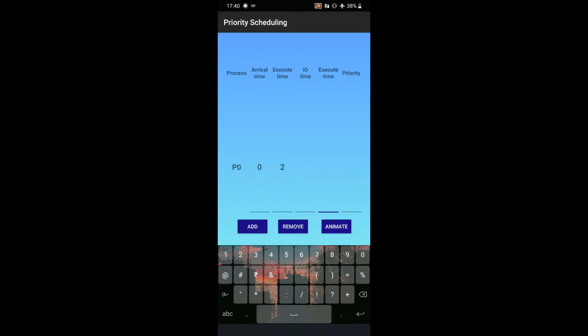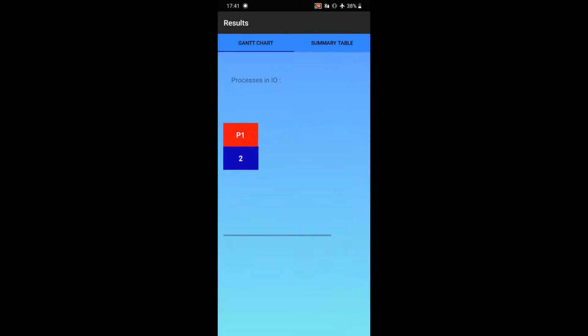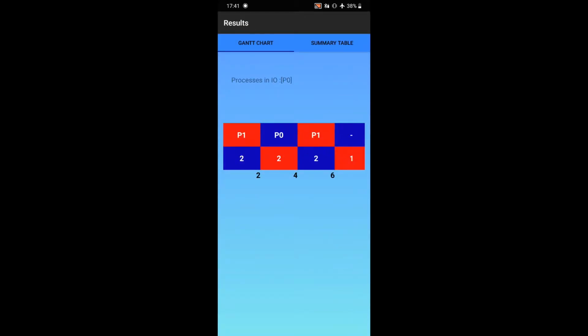Moving over to priority scheduling. P1 has the higher priority, but once it is in IO, P0 comes in place of it.